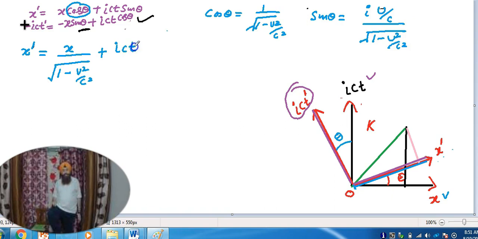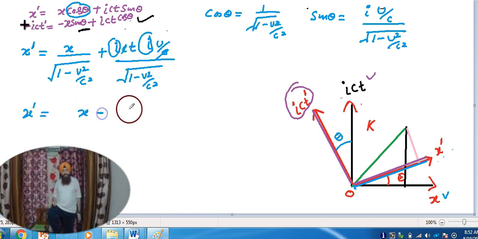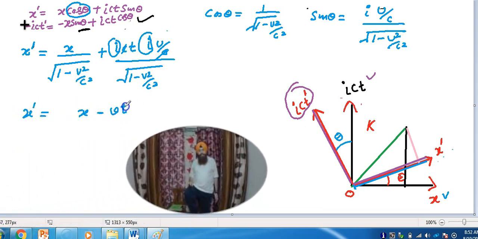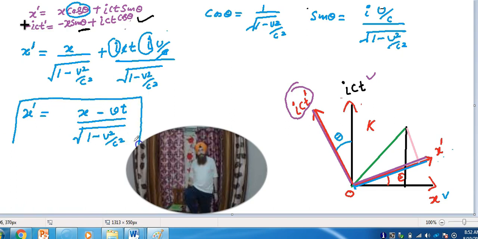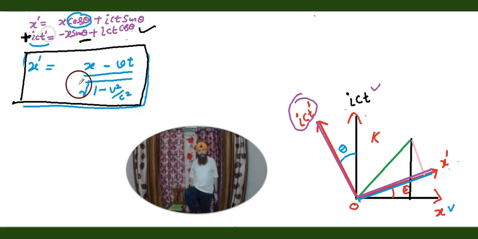Substituting here, and iota square means minus 1. So the equation becomes x minus vt upon root of 1 minus v square over c square. This is the first Lorentz equation for x coordinates. Very, very important.